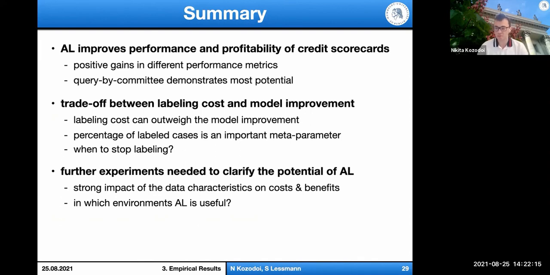This remains a problem, and as I said, maybe the only solution that comes to my mind for now is to limit the space of the potential rejects that go for labeling to cases that are less risky. If something else is meant by privacy, I'm happy to talk about that more.